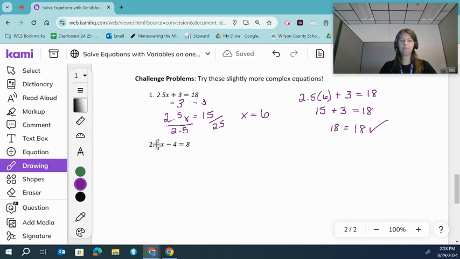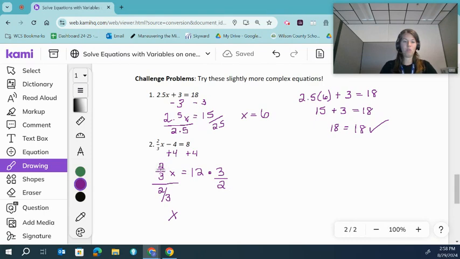Okay. And the last one here, 2/3 x minus 4 equals 8. So we are going to add 4 to both sides. Okay, we are left with 2/3 x equals 12. Okay, we are going to divide by 2/3, which is the same thing as multiplying by the reciprocal. So I'm going to go ahead and same change, flip it right there.